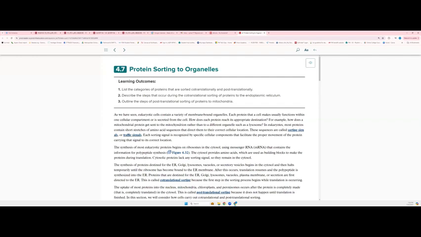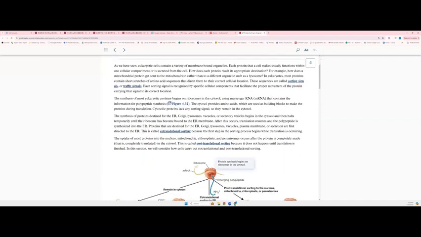In this chapter, we're going to talk about how proteins are assigned to the different parts of organelles. So first, let's talk about how protein is synthesized. Basically, the synthesis of most proteins begins on the ribosome in the cytosol, using mRNA as a template that contains the information for polypeptide synthesis.